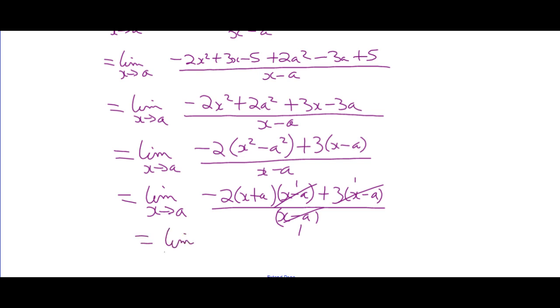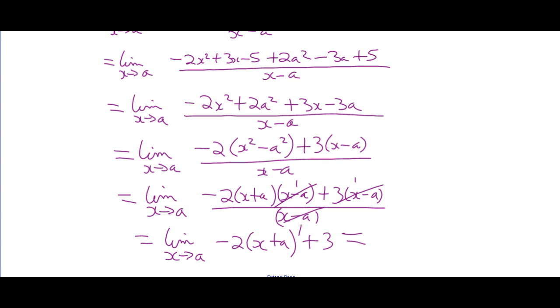So we've got the limit as x approaches a of negative 2 times x plus a, plus 3. What do we do with that? Well, we could put the a in now. So now, no more limit. This is where the limit drops off.